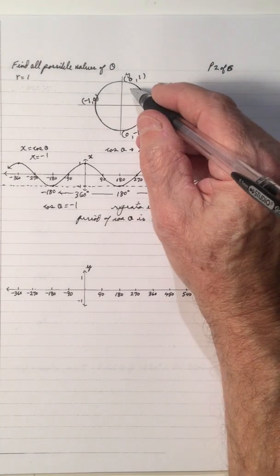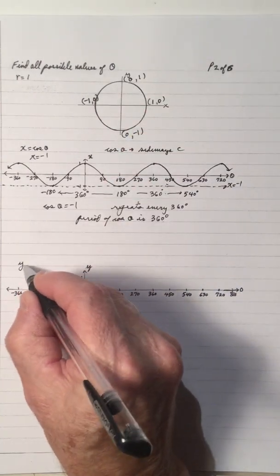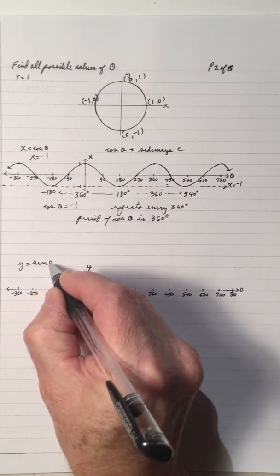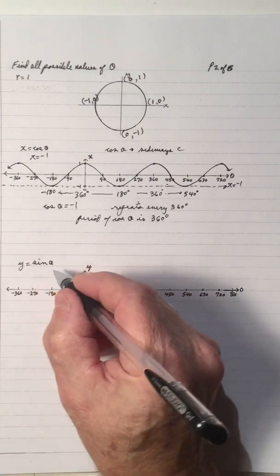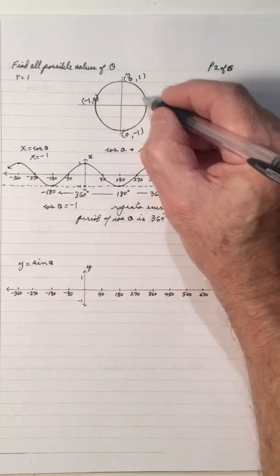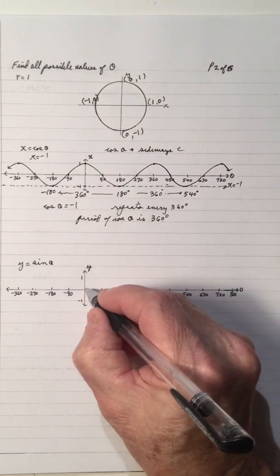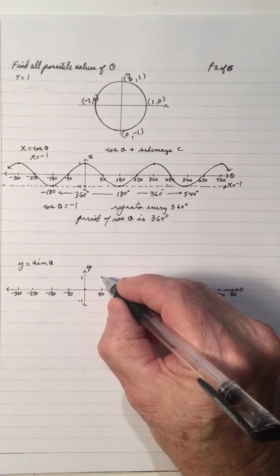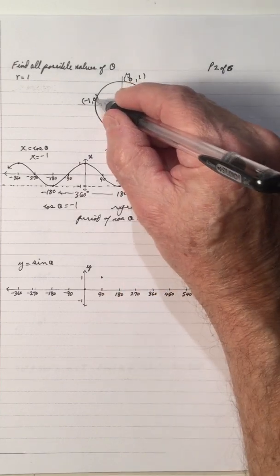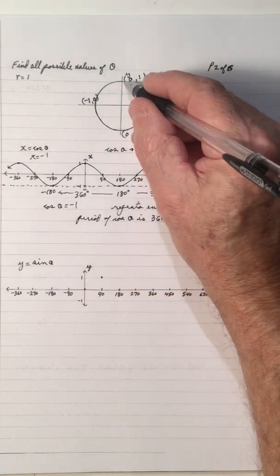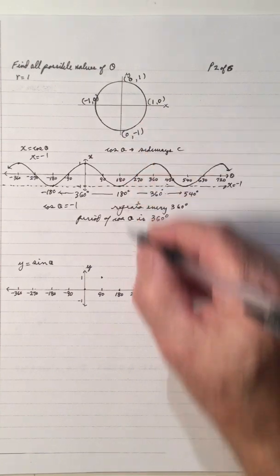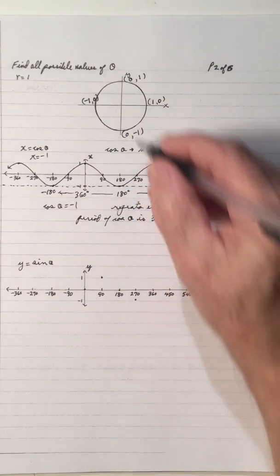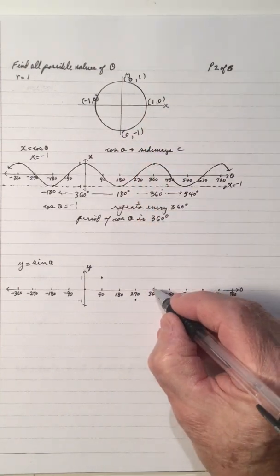Now let's look at the equation y equals sine theta. Sine is the y, so at 0, y is 0. At 90, y is 1. At 180, y is 0. At 270, y is -1. At 360, y is 0.